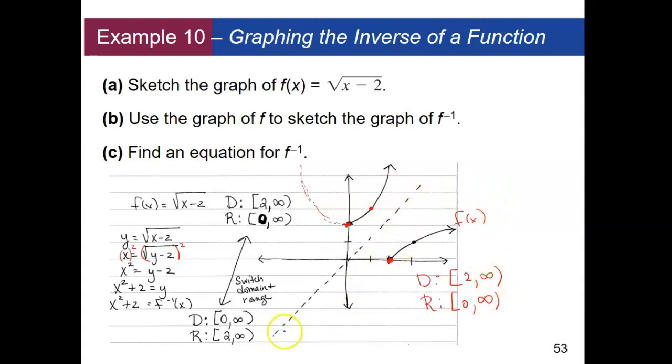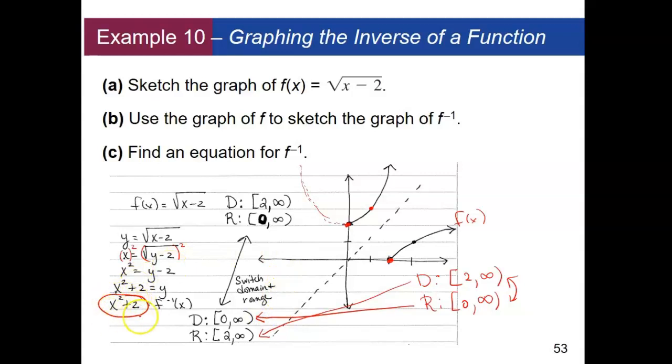So what happens is when I'm going to use this inverse function over here, I can't use the domain of it, which would be all real numbers. I actually have to restrict it. So I'm going to switch these. I'm going to interchange these. So the domain is going to become the range, and the range is going to become the domain.